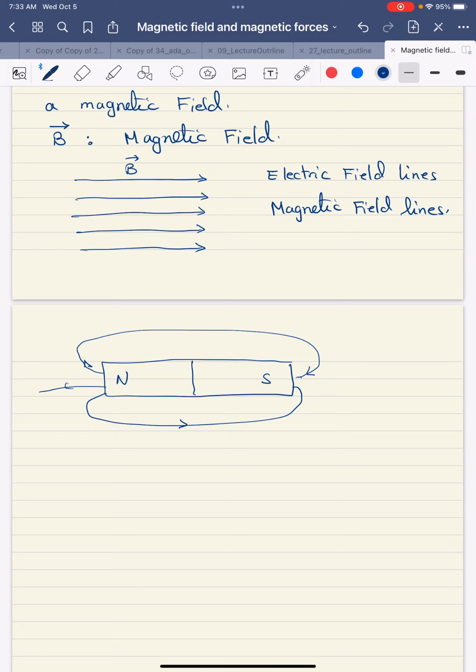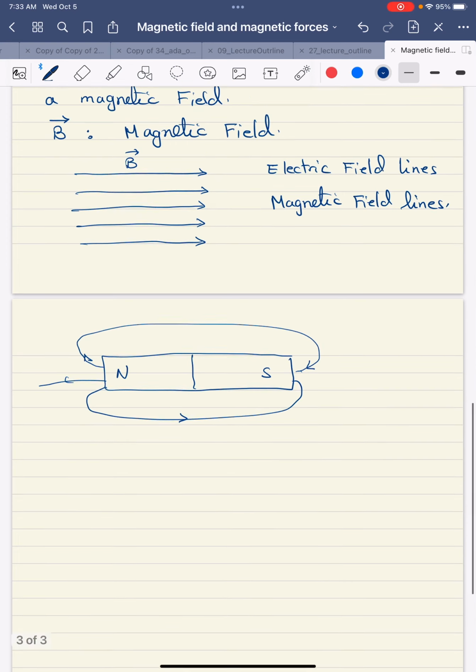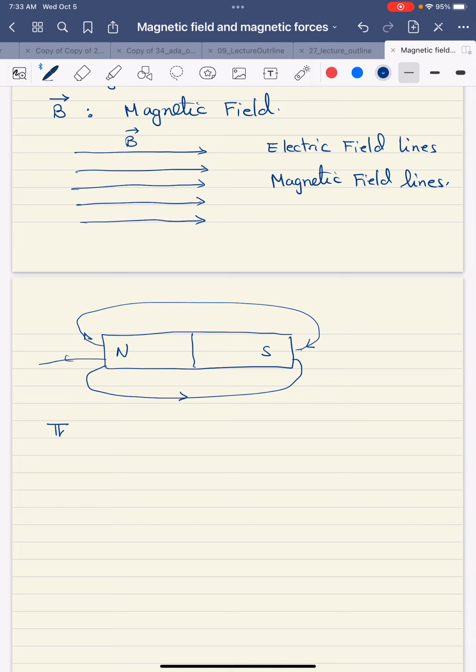Now, what is really very important here, that if I put a charge in a magnetic field, then I can calculate the magnetic force on a moving charge. And this topic is really important for us.